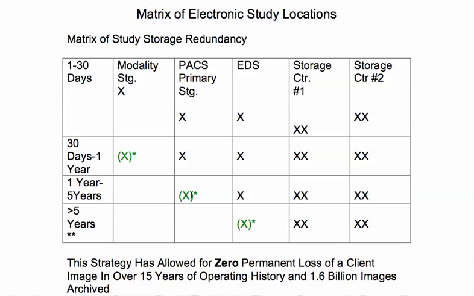After about a year, if that data hasn't been touched, hasn't been accessed, it's certainly available to be permanently moved from the PACS primary storage to make room for additional new diagnostic study data. Let's say it sits on the EDS for 7 years and has never been touched. We know that we've got 2 permanent copies in 2 separate geographically located storage centers or deep archive centers, so we'll even free it up to be moved permanently to deep archive, again based on least recently used algorithms.